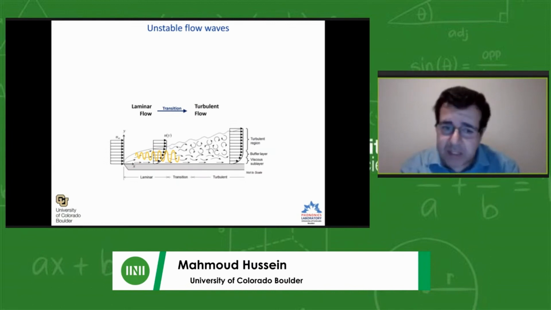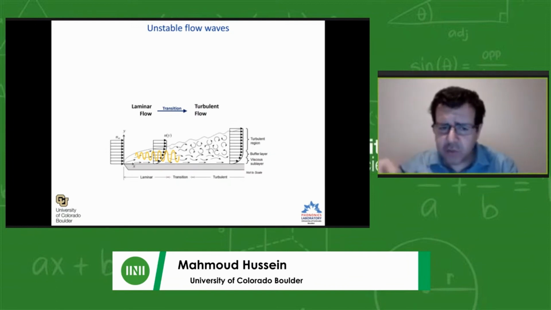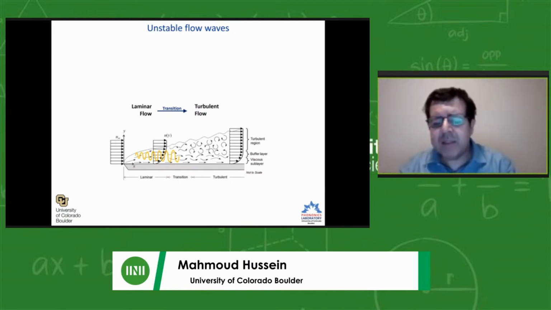So these are instabilities in the flow. These are not acoustic waves. In fact, these are fluid waves. So these are components of the flow field, the UVW flow field, and they're essentially eigenmodes that emerge in a typical flow environment over a surface.